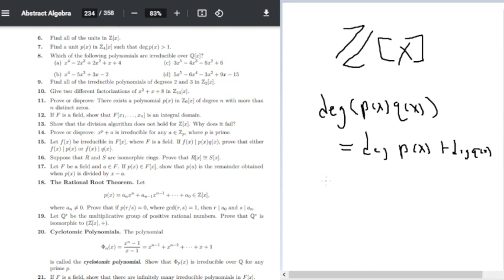So because of this, and we know that the constant function, which I'll just call 1, has degree 0, then the only possible units must have degree 0. So we'll limit ourselves simply to the constant functions a.